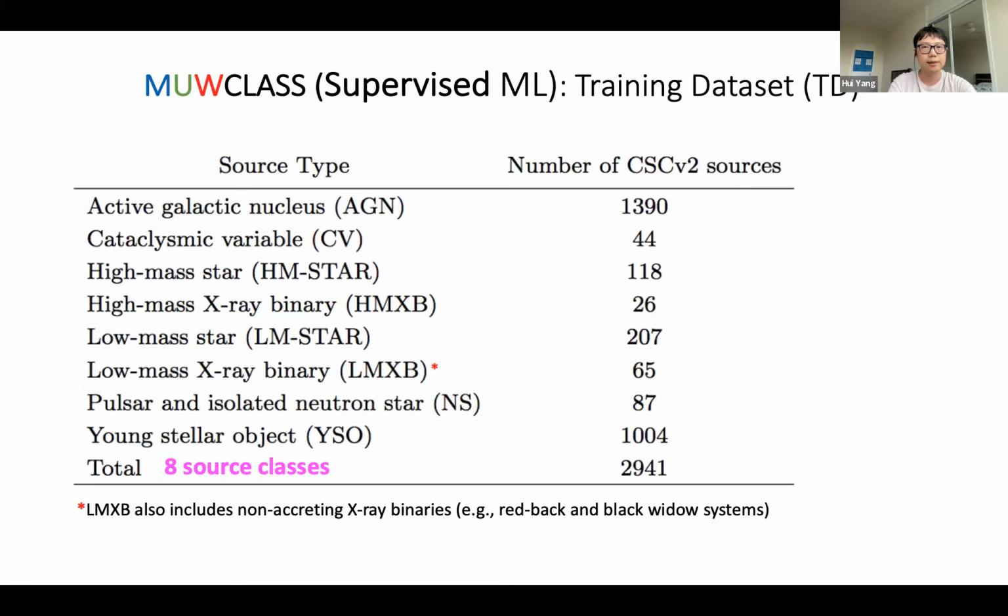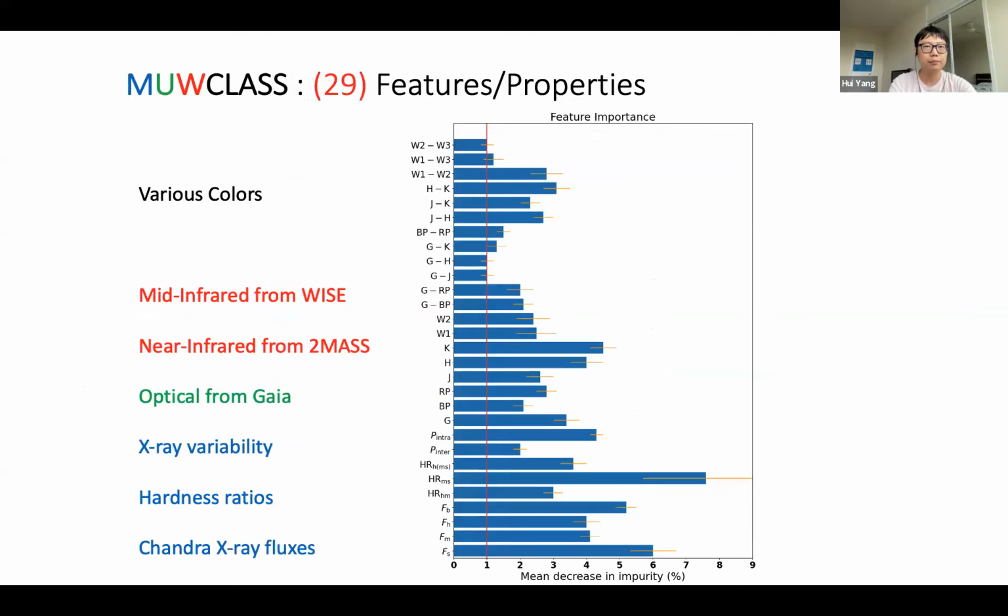It consists of 8 classes of X-ray sources with a total of 3,000 sources. We extracted X-ray properties from the Chandra Source Catalog, and the sub-arcsecond localization of the X-ray sources enables us to cross-correlate with multi-wavelength catalogs, including Gaia, 2MASS, and WISE. Together we have up to 30 features used for the pipeline.